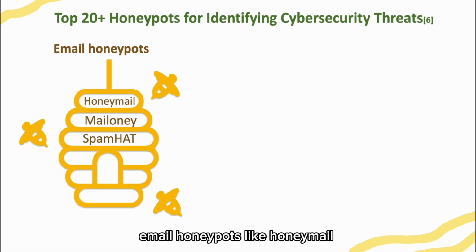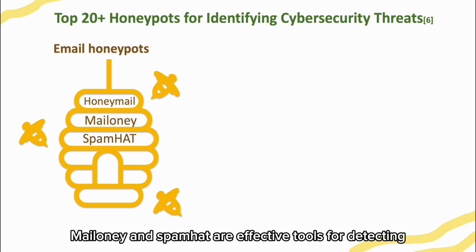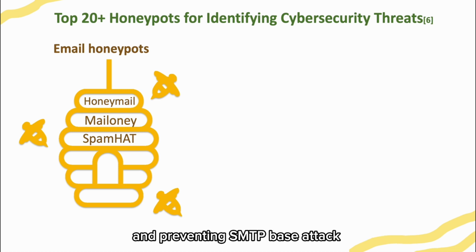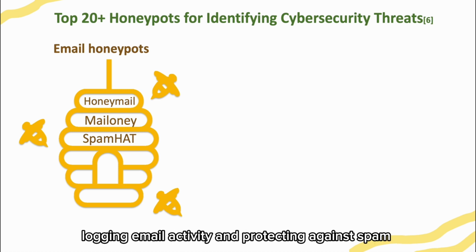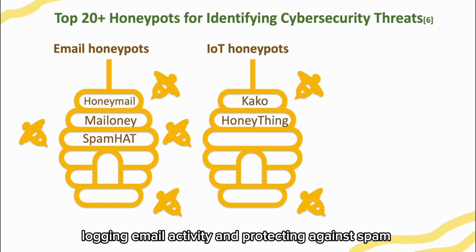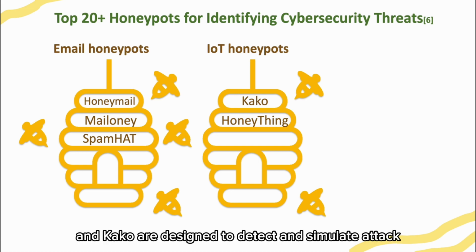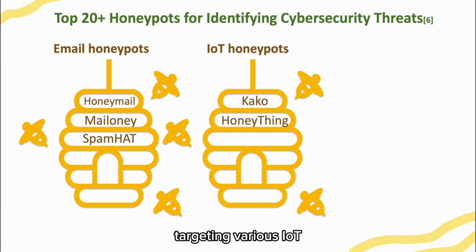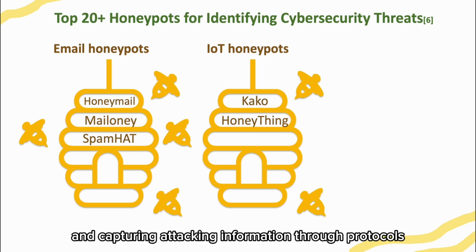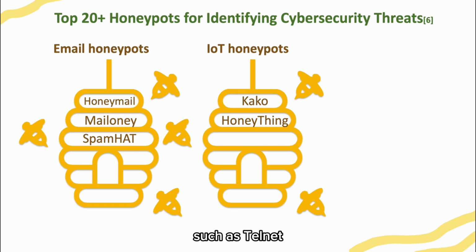Email honeypots like Honeymail, Mailoney, and SpamHAT are effective tools for detecting and preventing SMTP-based attacks, logging email activity, and protecting against spam. IoT honeypots like HoneyThing and Taco are designed to detect and simulate attacks targeting various IoT devices by emulating vulnerabilities and capturing attacking information through protocols such as Telnet, HTTP, and HTTPS.